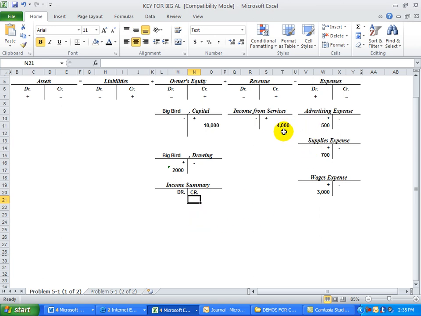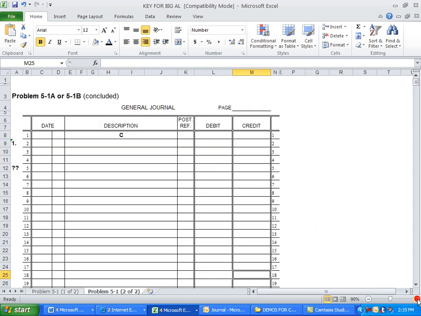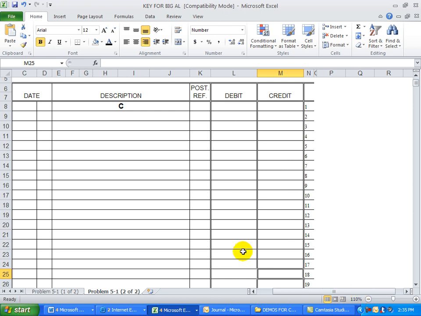If we concentrate first on the revenue account, and revenue has a credit balance of $4,000, we would go to a general journal page and we would write closing entries. Make this a little bigger here for you.